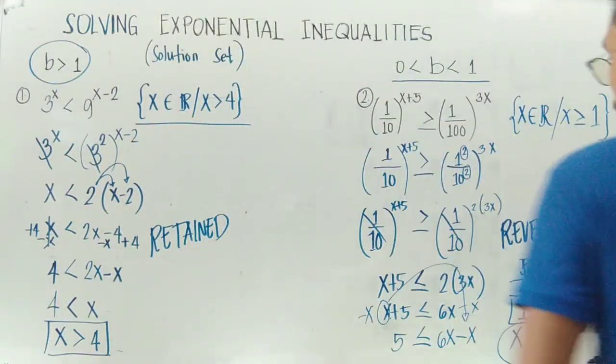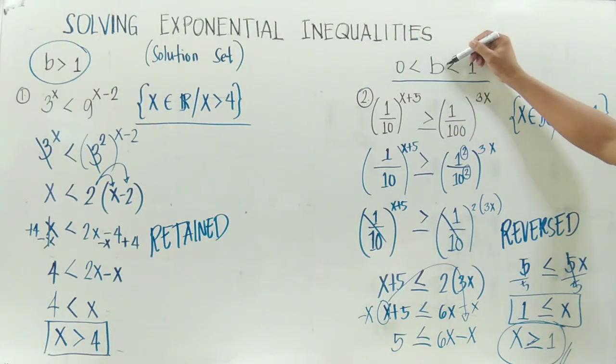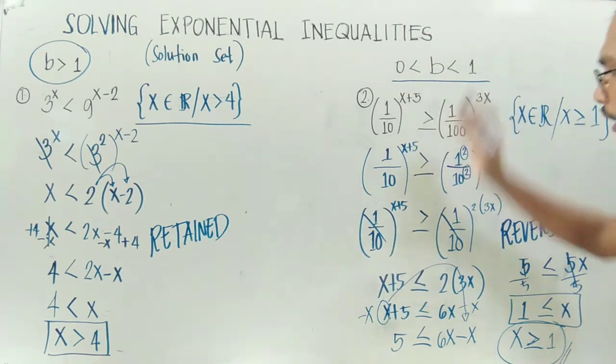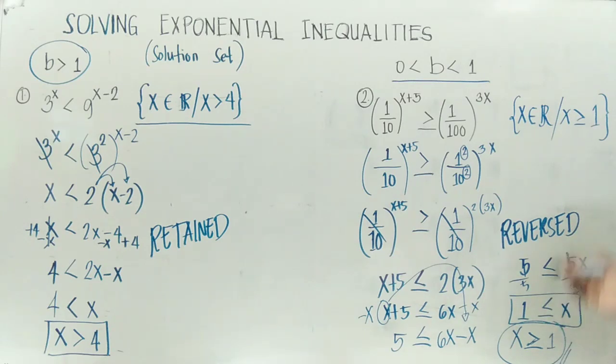And when we are dealing with the bases that are greater than 0 but less than 1, and they will be fractions and decimals, your inequality symbol, just like in here, will be reversed. Okay? So I guess we are clear on that. Let's proceed to another example.